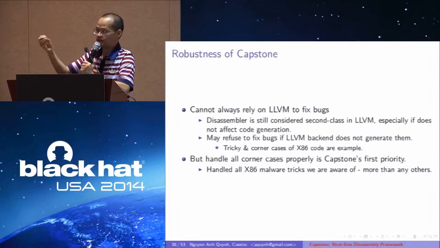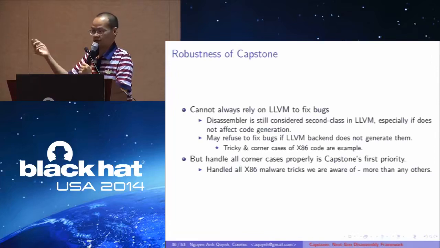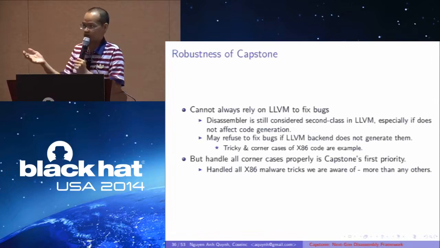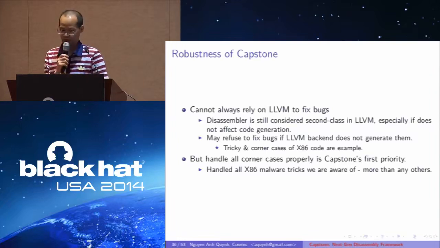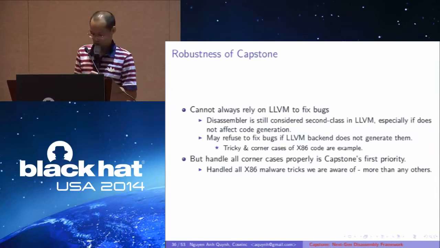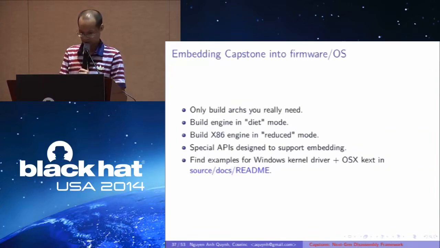The disassembler inside LLVM doesn't understand them, and because those instructions are never produced by the compiler, the LLVM developers don't want to fix the disassembler, right? But we care about this, because we want to use Capstone for malware analysis, so we need to fix all of them ourselves. We cannot rely on LLVM.